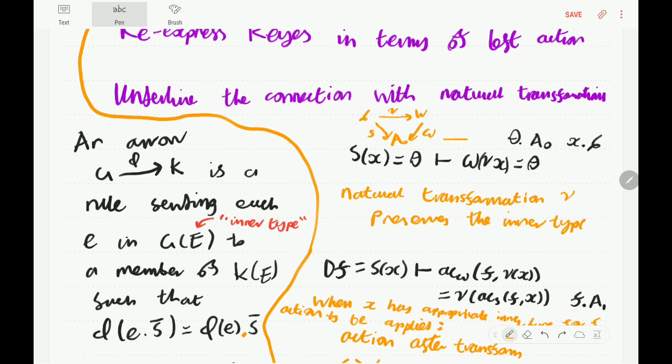So what that means is that for an x in zeta, if we have that its type is theta, so we have that s of x equals theta, then if we apply this natural transformation, we get v of x. So that's where this element of zeta gets, or thing of zeta gets sent to under v. So again, we're talking in the Mitchell-Benabou language now.